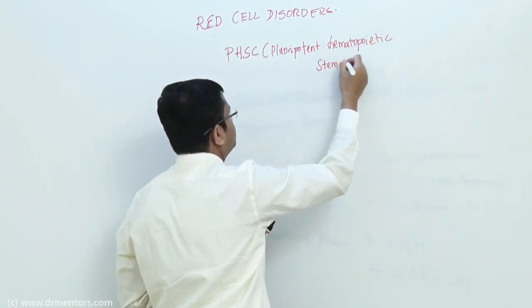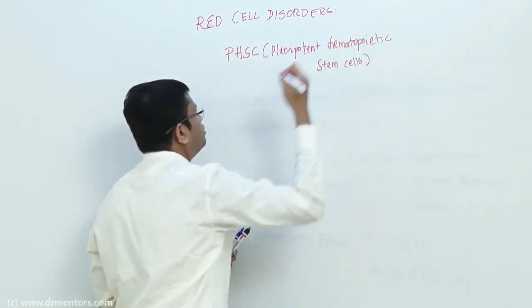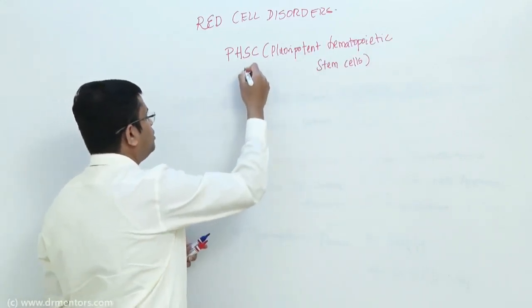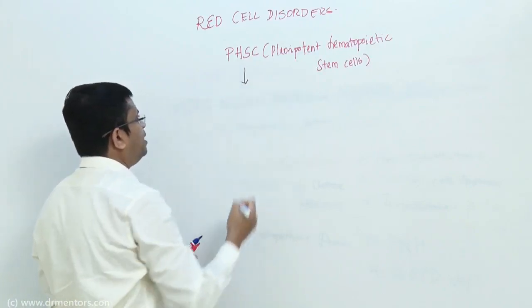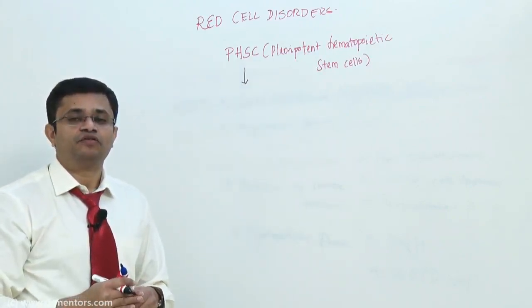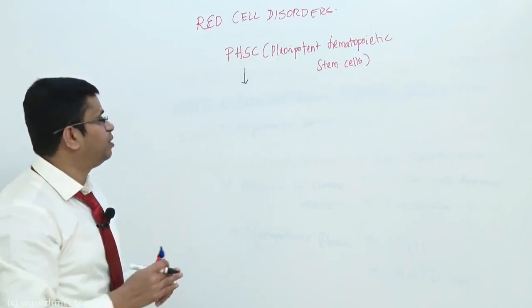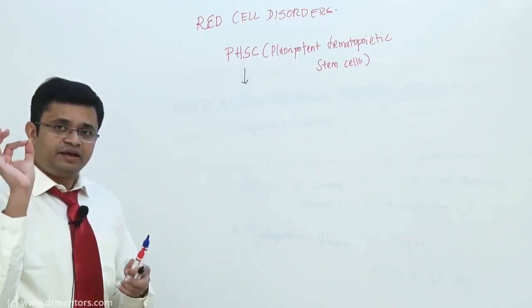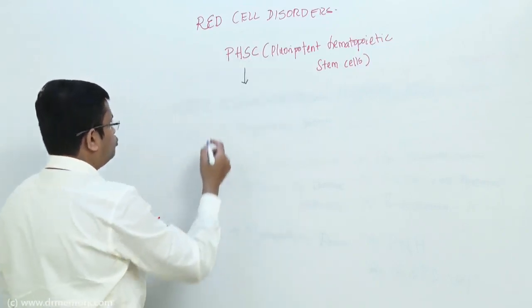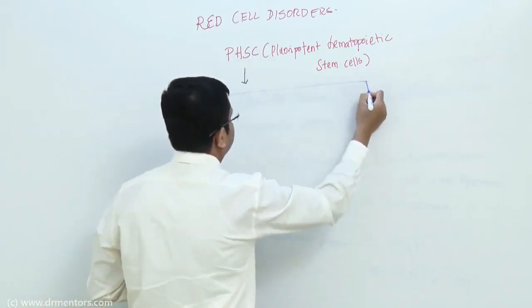So that's something I want you to learn. Pluripotent hematopoietic stem cells will give rise to the various committed lineages of two major divisions. That's what I want you to understand.